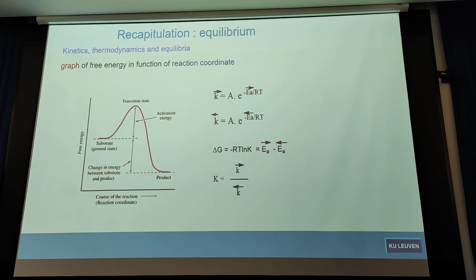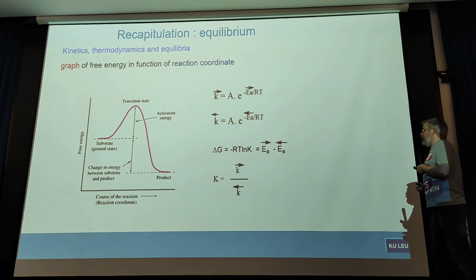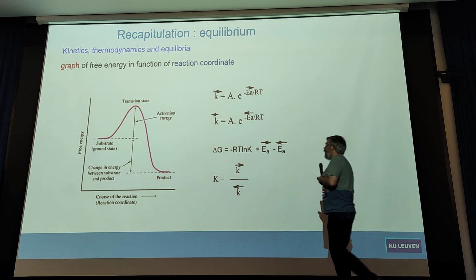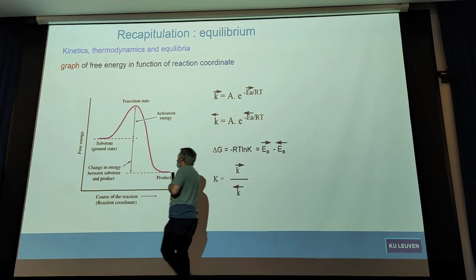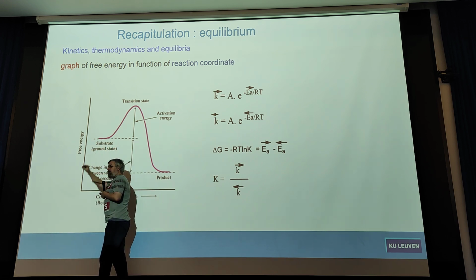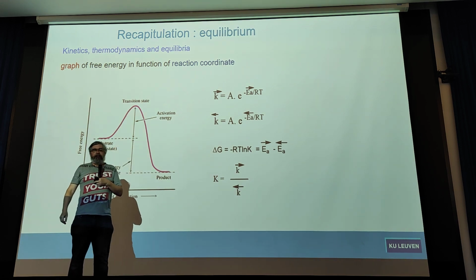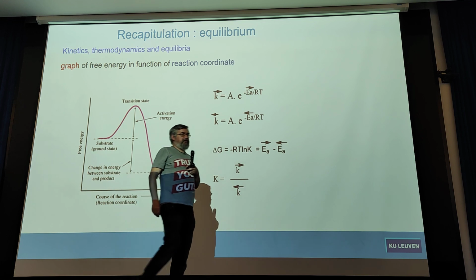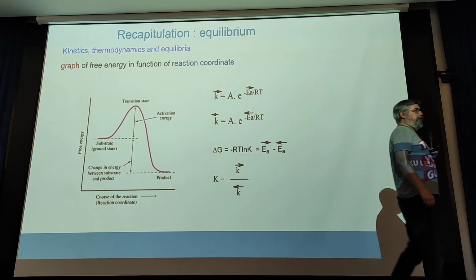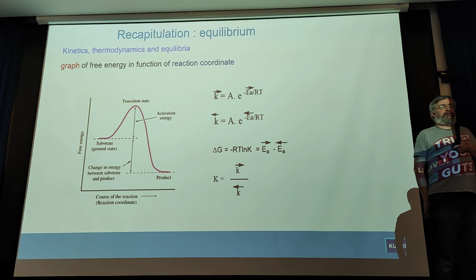Substrates are the same as reagents; reagents are sometimes called ground states. So the delta G is this here: the difference between the level of the starting material and the level of the products. It could go down, but there are other situations possible.